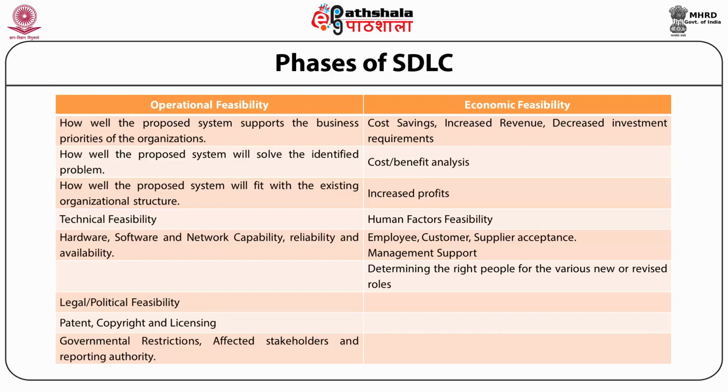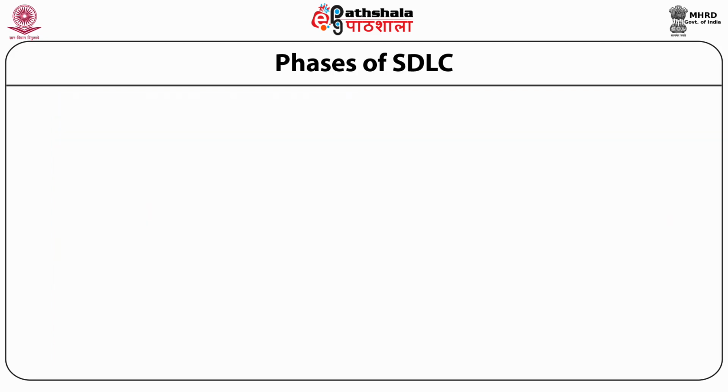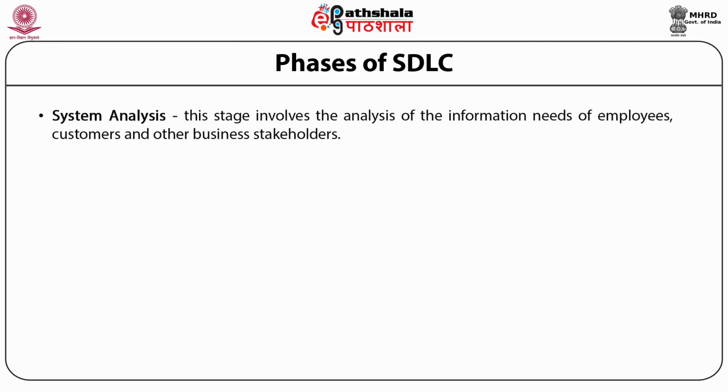Human resource feasibility: employee, customer, and supplier acceptance, management support, and determining the right people for the various new or revised roles. The second phase in the SDLC process is system analysis.